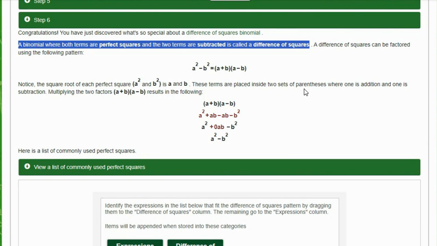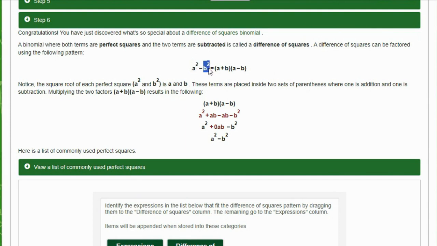And sometimes b squared looks like 4y squared, which is 16y squared. But you have to be able to recognize that, hey, these are both perfect squares. So I can just do one of them plus, one of them minus, and put their square roots. And when you multiply them back together to check, those middle terms are going to cancel out because you got a plus AB and a minus AB. So that's why you end up with just a squared minus b squared.